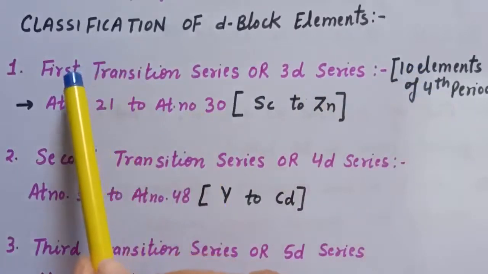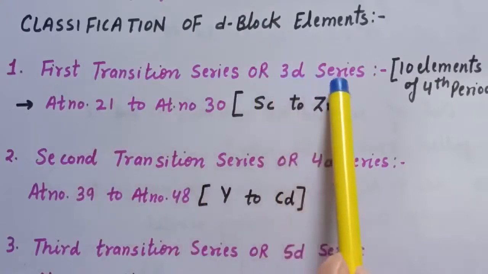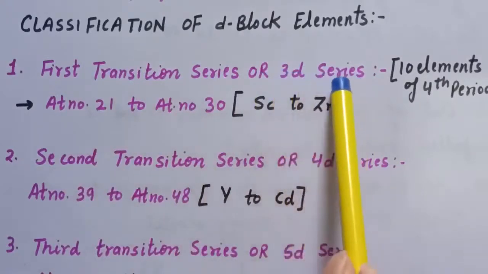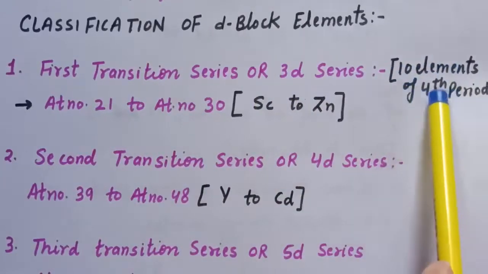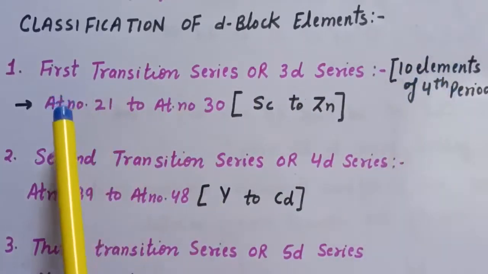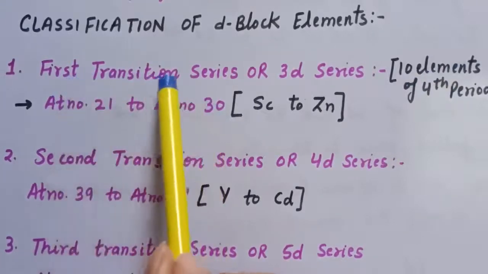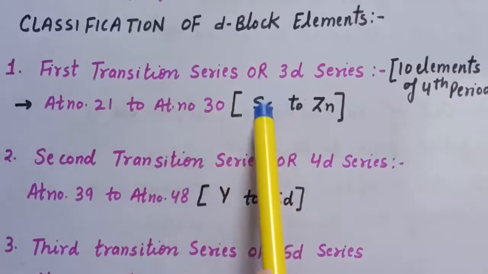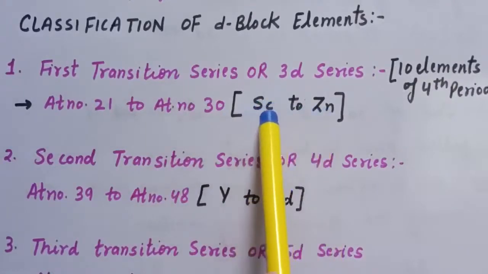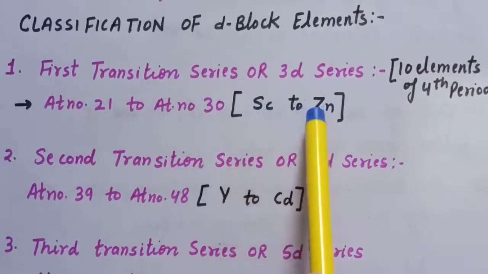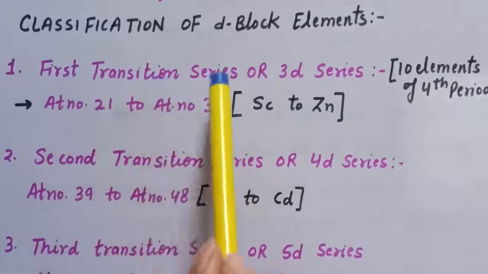There are 10 elements which belong to 4th period, that is, from atomic number 21 to atomic number 30, and the elements are from scandium to zinc. Sc is the symbol of scandium and zinc, Zn is the symbol for zinc. So this is the first transition series.